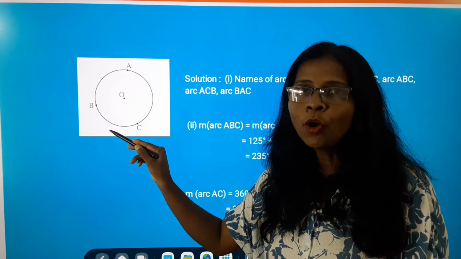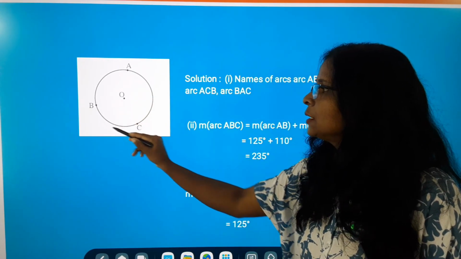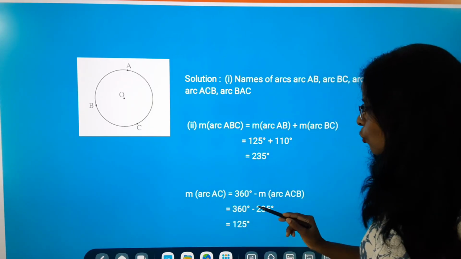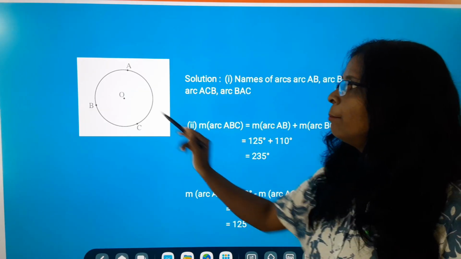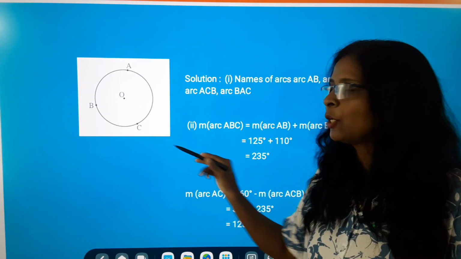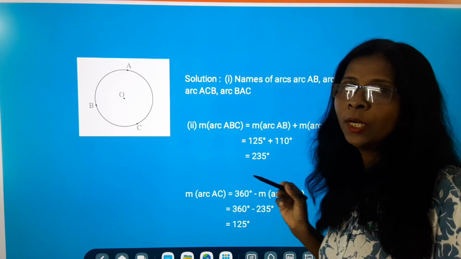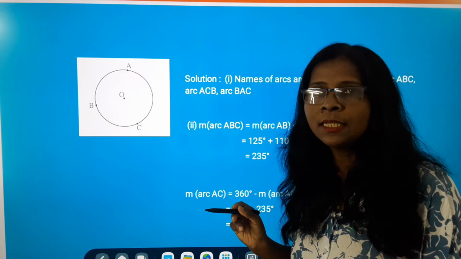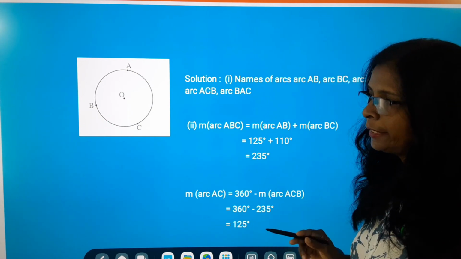The measure of the whole circle is 360, minus this ABC. So now measure arc AC is equal to 360 minus 235, because we already calculated measure arc ABC as 235. So 360 minus 235 is equal to 125.